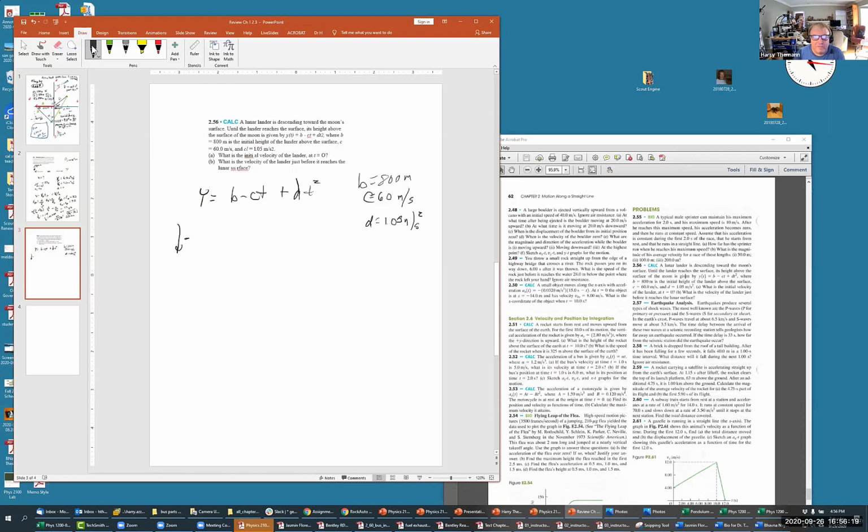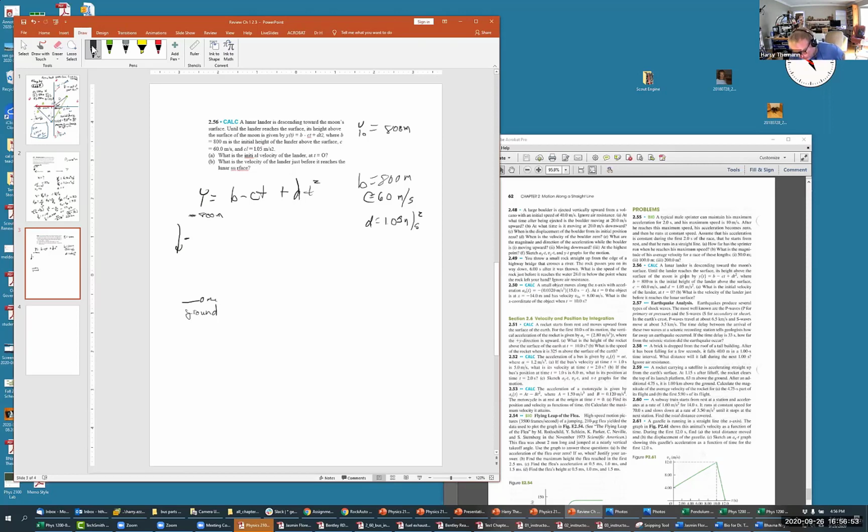Because it's falling, I guess the initial height, so let's see, y sub 0 equals 800 meters. Yeah, I think so. And then the ground is 0 meters. I don't know if you call it the ground on the moon. So you see, we can infer things, right?